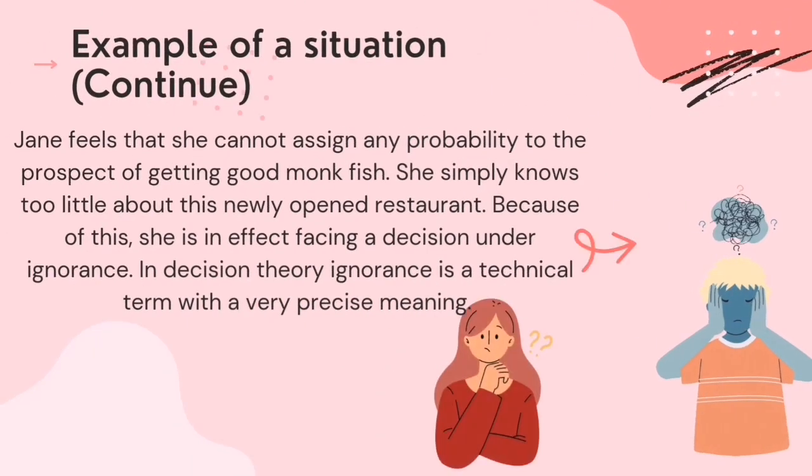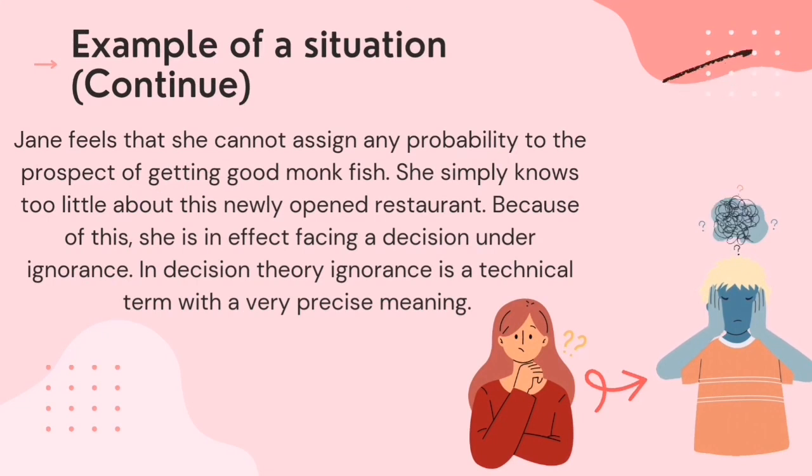Jane feels that she cannot assign any probability to the prospect of getting good monkfish. She simply knows too little about this newly opened restaurant. Because of this, she is in effect facing a decision under ignorance. In decision theory, ignorance is a technical term with a very precise meaning.